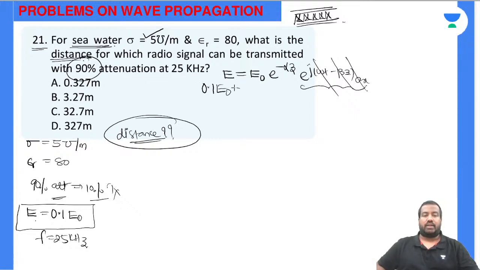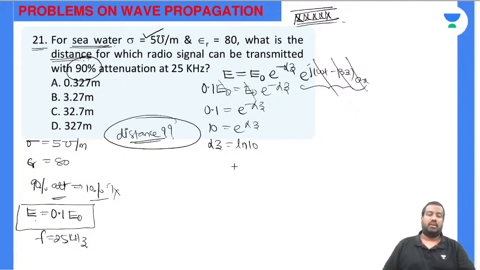0.1 of E naught is E naught times e power minus alpha z. This implies 0.1, E naught and E naught get cancelled, so 0.1 is e power minus alpha z. 10 is e power alpha z. Alpha z is ln of 10. What is ln of 10?